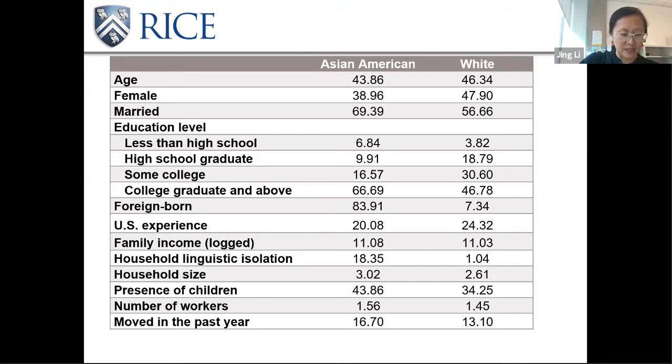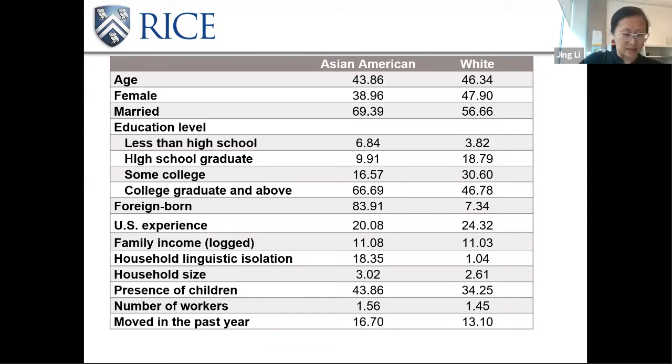A striking difference between Asian Americans and non-Hispanic white households is that 84% of Asian Americans are foreign-born versus only 7% of whites. Among immigrants, Asian Americans also tend to be less long-term compared to non-Hispanic whites, as you can see from the US experience variable.